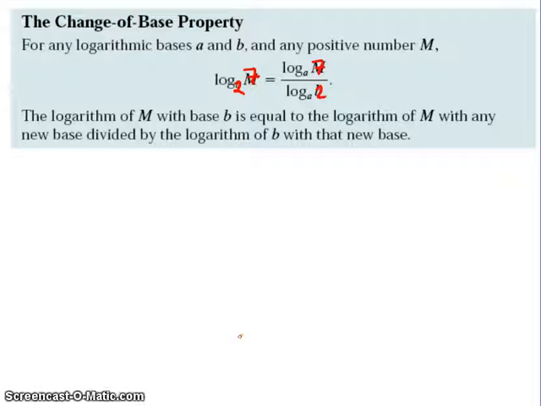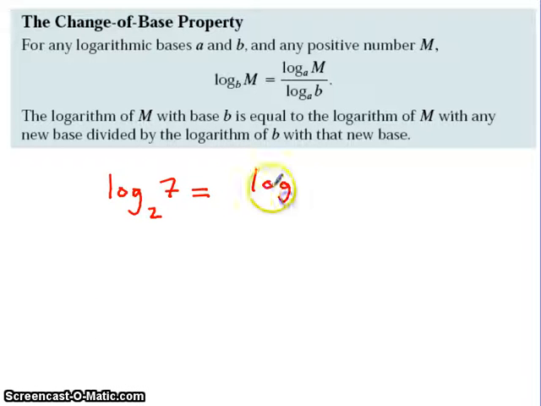So what you guys are going to be doing is using this property, and you're going to say, oh, okay, well, that means that I can change into simply log base 10 of 7 over log base 10 of 2, and boom, you're done. All right.